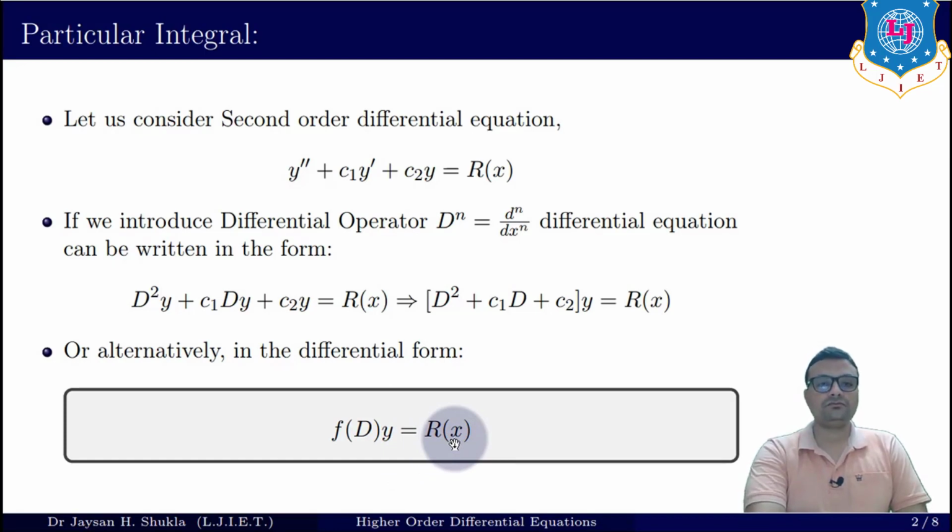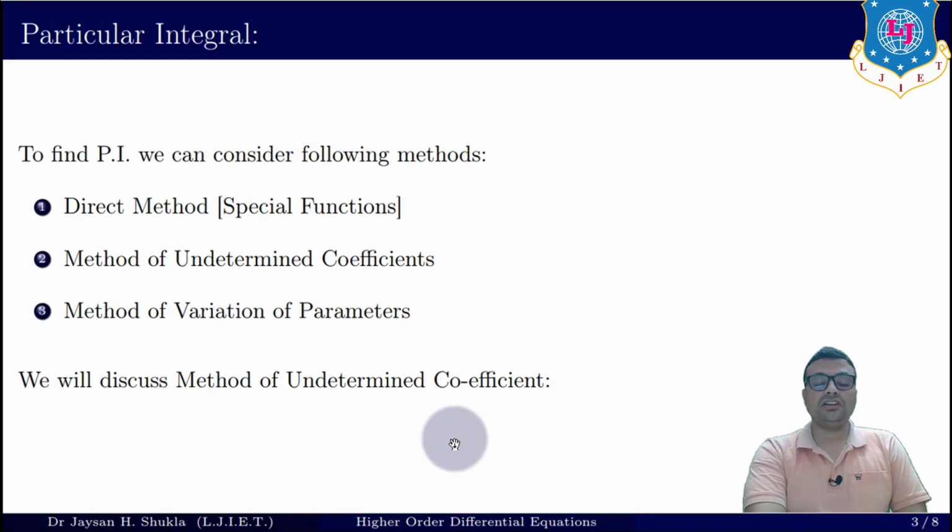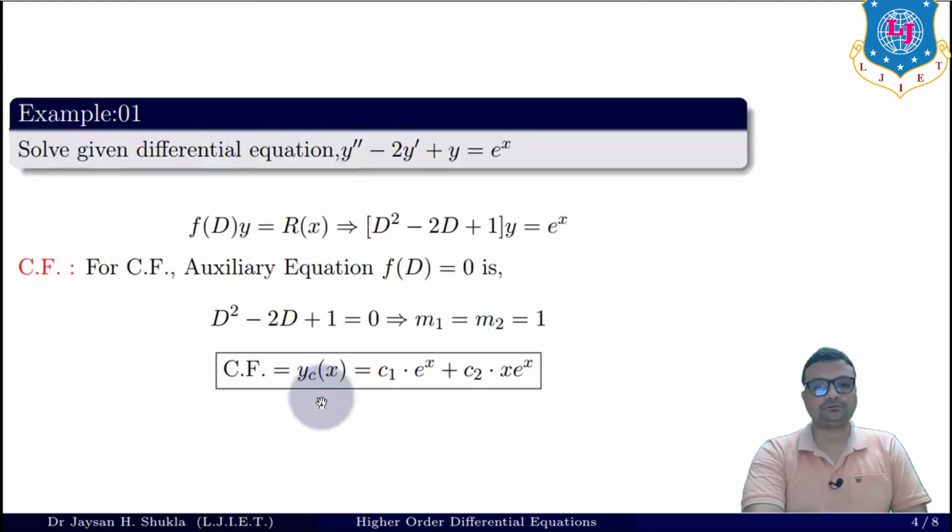Now, there are three main techniques to find the particular integral: the direct method, the method of undetermined coefficients, and the method of variation of parameters. Here we are focusing on the method of undetermined coefficients, part 2. Let us begin with one example.